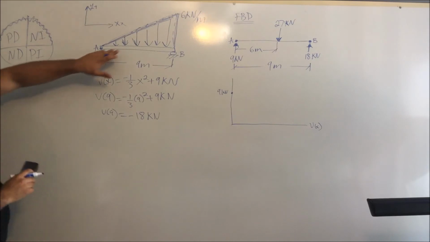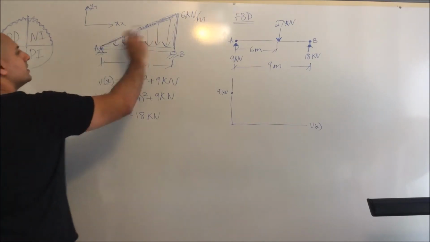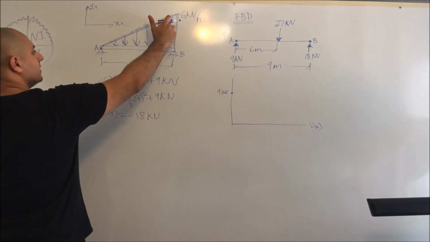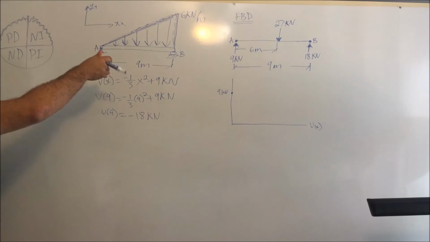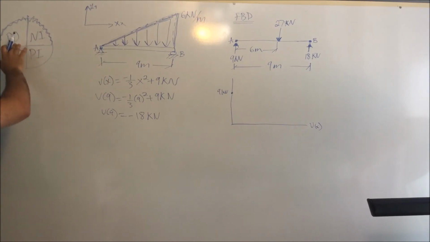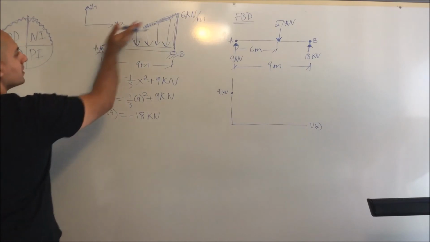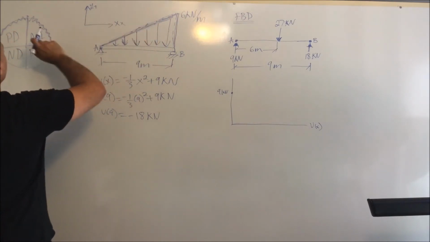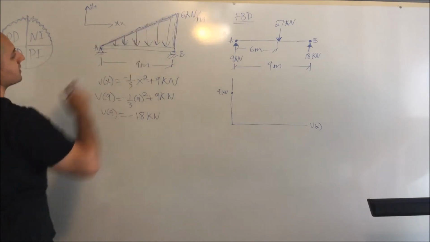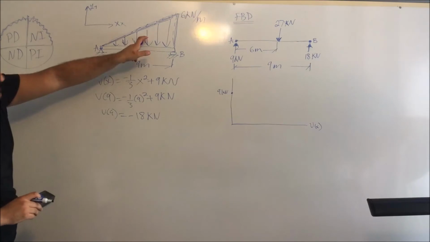So looking back at this distributed load, I see that it's positive, but also decreasing. Would it be decreasing? Yeah. Take a look at this. Positive, decreasing. Negative, increasing. Now in my case, this will actually be considered negative, increasing.